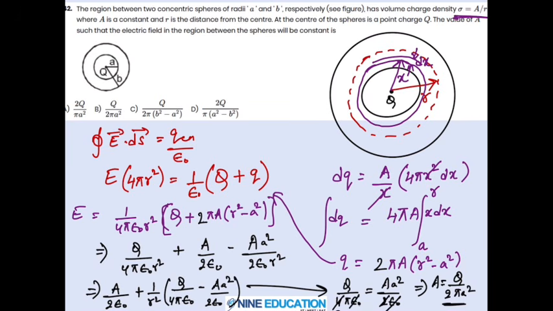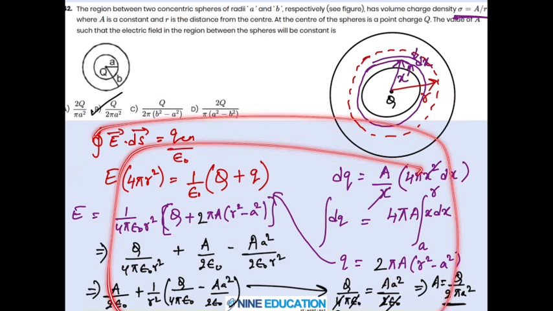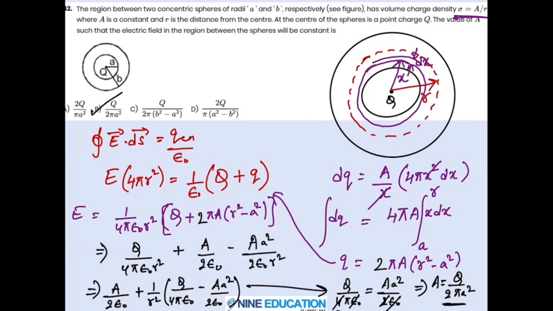So this is the answer, q by 2 pi a square, which is option B. So the answer is option B. We have made a calculation mistake here, but the method is pretty much the same. I hope it's clear. Let's move on to the next question.